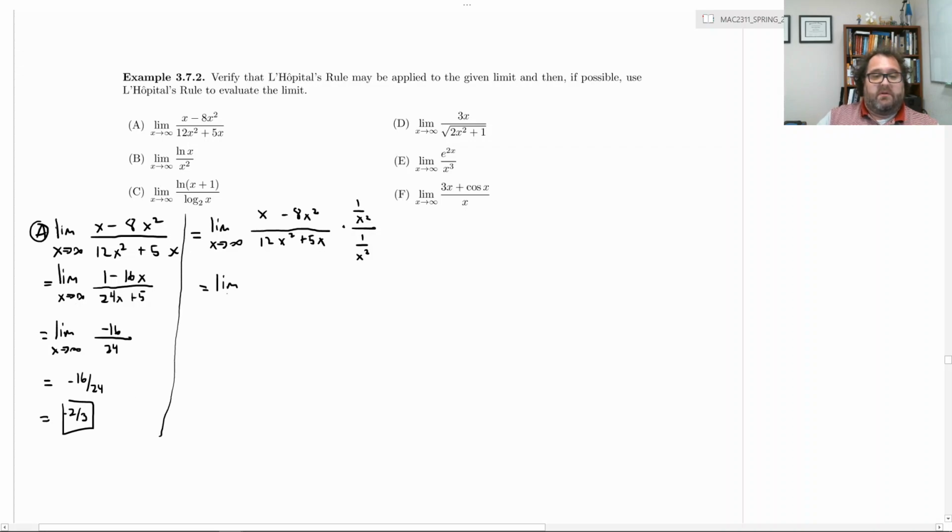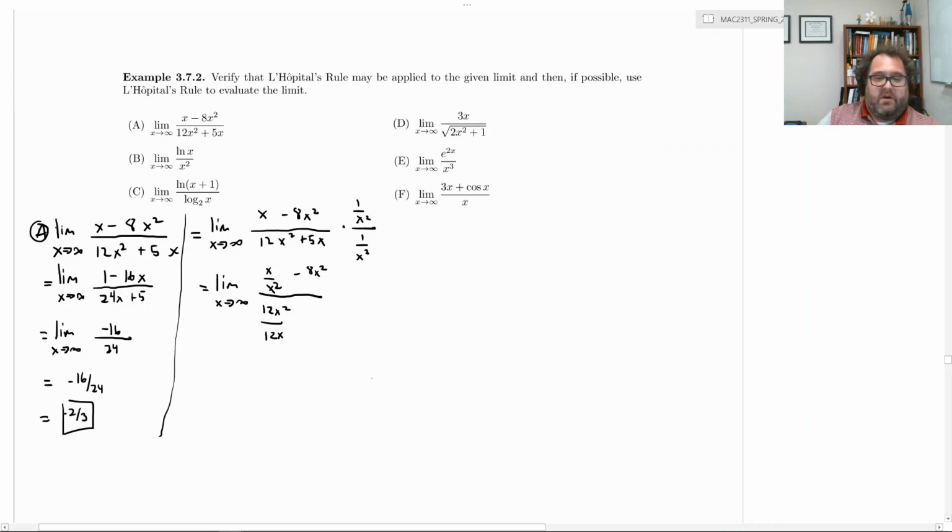So equals the limit as x goes to infinity. What that's going to do for us is basically divide each individual term. There's 4 terms. Divide them all by x squared. So we get x over x squared, minus 8x squared over x squared. And then we have 12x squared over, nope, not over 12x squared, just over x. Oh, what did I do that for?